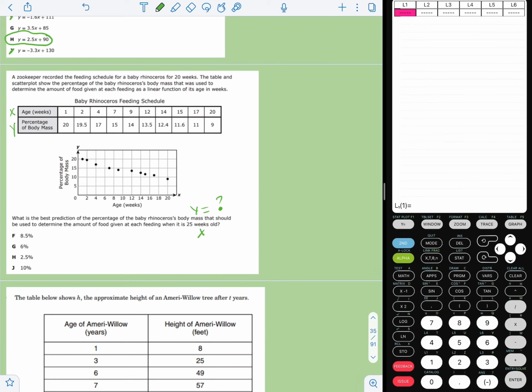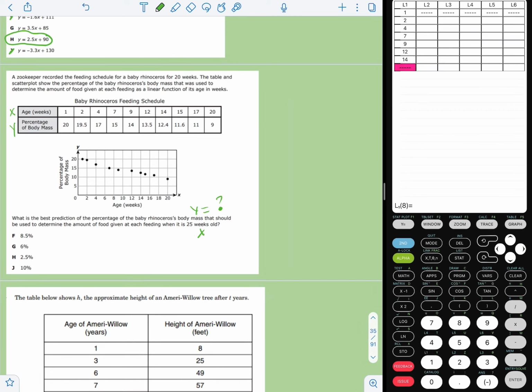So in L1, we're putting our X, so that's 1, 2, 4, 7, 9, 12, 14, 15, 17, 20.